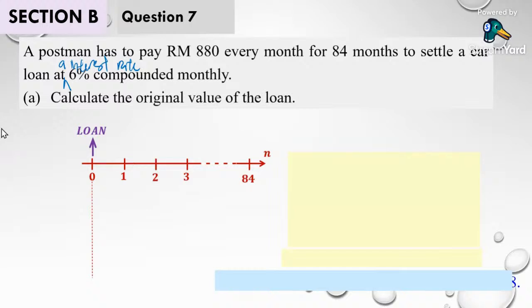How much? We have no idea; later we would like to work it out. This loan is repaid by regular payments, monthly for 84 months. As you can see, the 1, 2, 3 until 84 here is the payment number. So if I want to find out the loan amount, I just need to take all these repayments here in green, the 880.